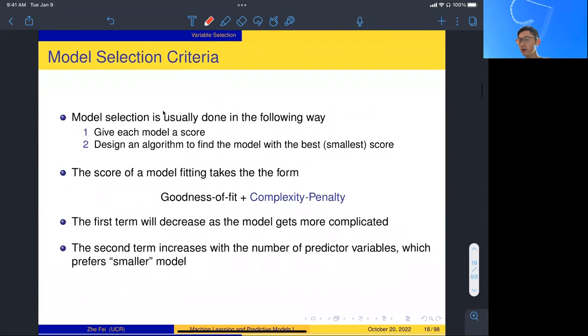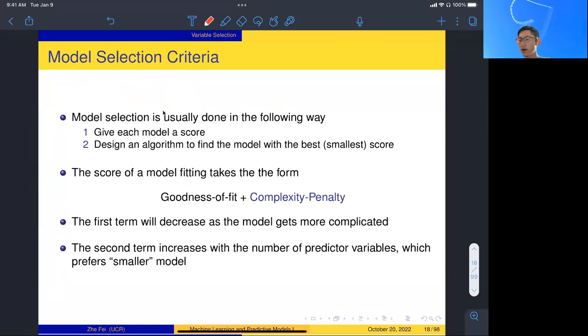Okay, because we want to do model selection, we need some criteria, or the objective function that we use to select our important variables. This is when we come back to the formula that we introduced earlier.